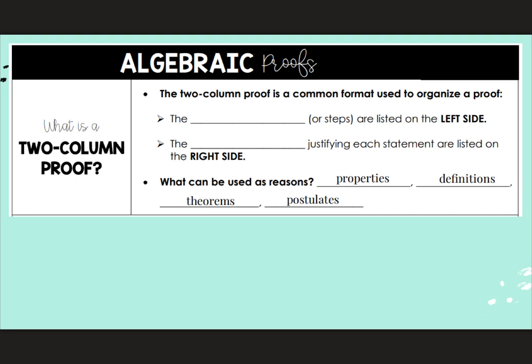So we call those statements and reasons. All right, so the statements are the steps, and the justifying is the reason. All right, so what can we use as reasons? Properties, definitions, theorems, and postulates.